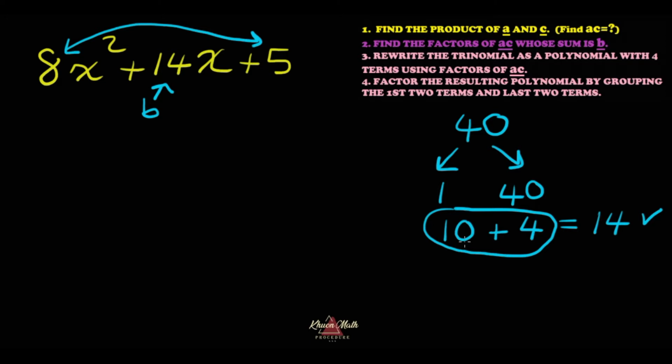Because 10x plus 4x is 14x, it's not going to change anything. We're just going from 3 terms to 4 terms, so we can use grouping to try to factor the 4 terms polynomial.